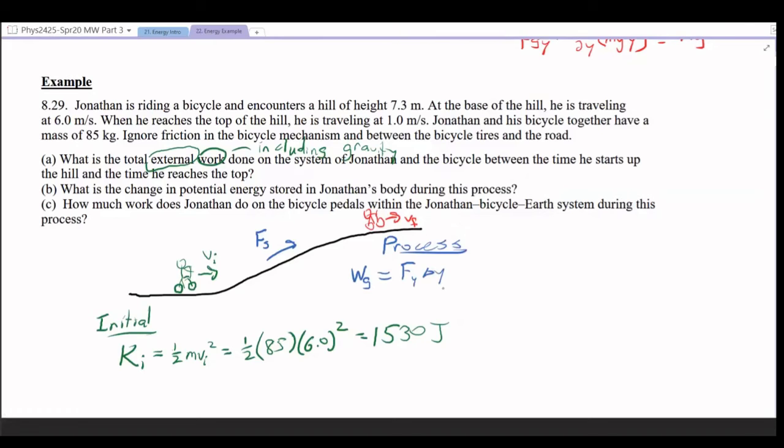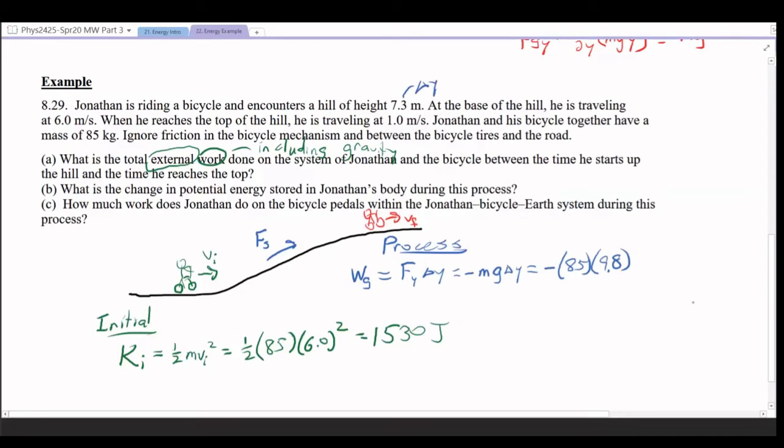So either the force or distance is the direction you're thinking about, and the other one you have to take components of it. So if we think about the y direction, we have some y motion here, which is upward, and we have a y force. So this is minus mg delta y, which is minus 85, 9.8, and then our delta y is the height.